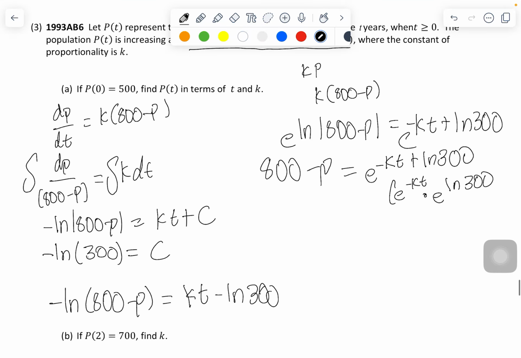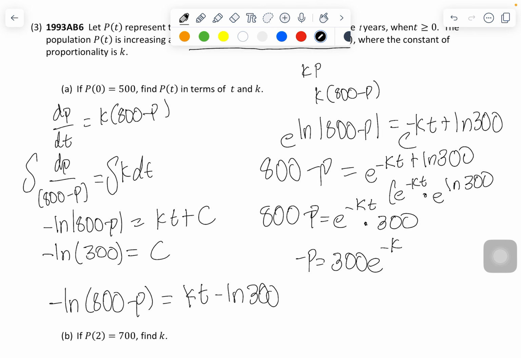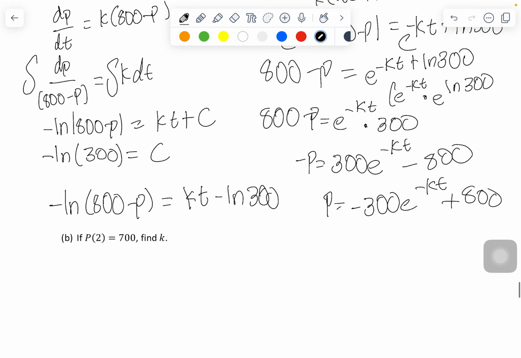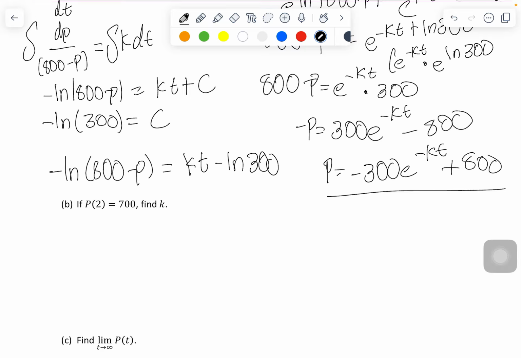So then 800 minus p equals e to the negative kt times 300. So we'll have negative p equals 300 e to the negative kt minus 800. So p equals negative 300 e to the negative kt plus 800. And that will give us our value for p.